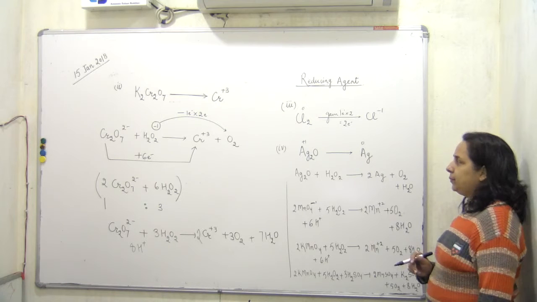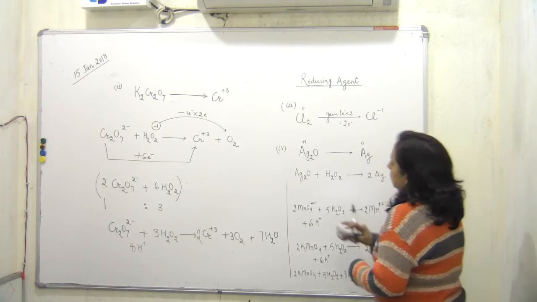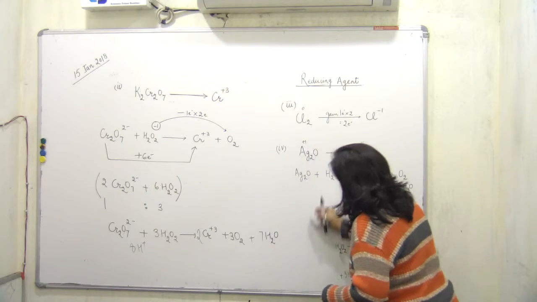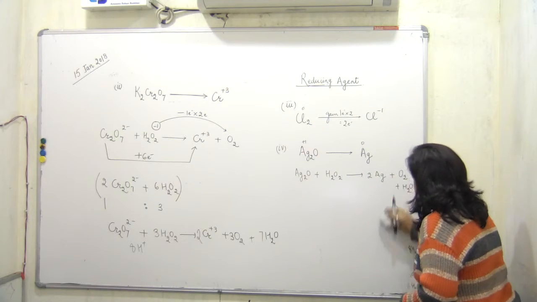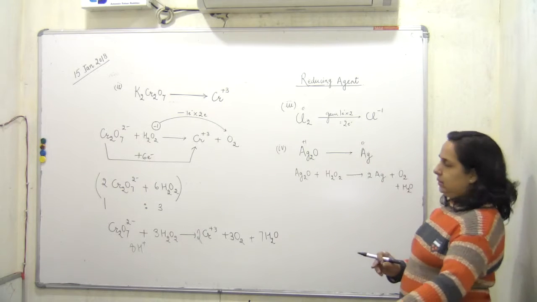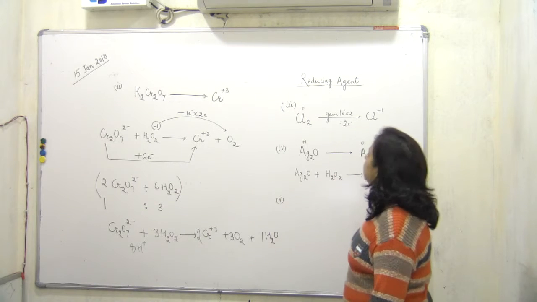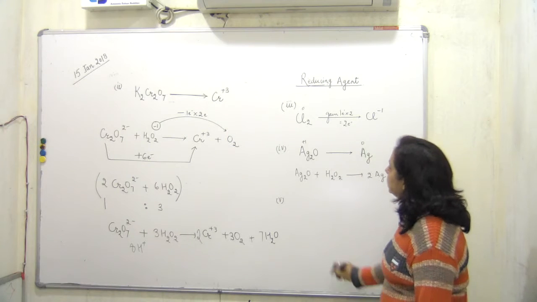This happens in neutral medium. Right? So all these are reactions in which hydrogen peroxide is going to act as a reducing agent.